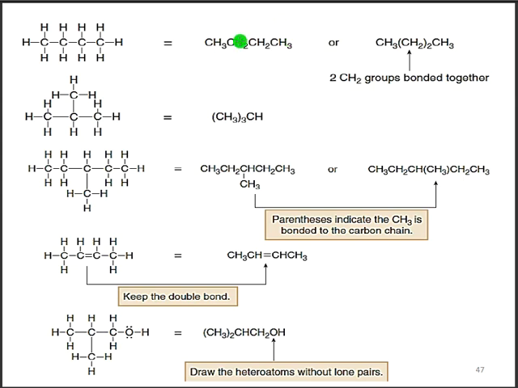Or you can use the parentheses. Look, this CH2 is like this CH2, that means it will be CH2 by 2, because they are similar groups. Now look at this: CH3, CH, CH3, CH3.